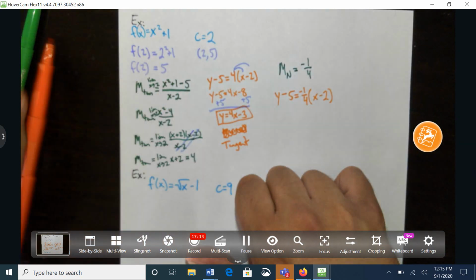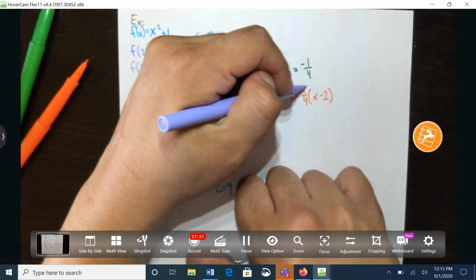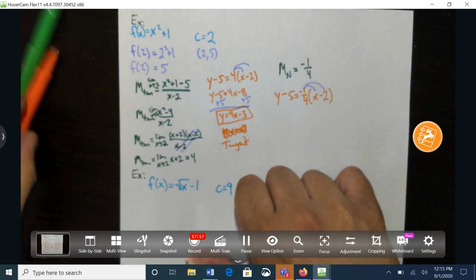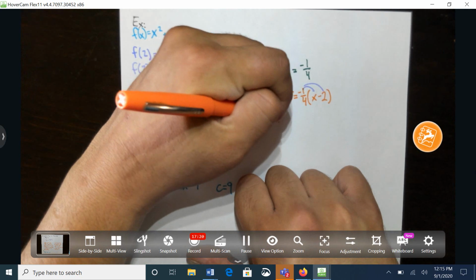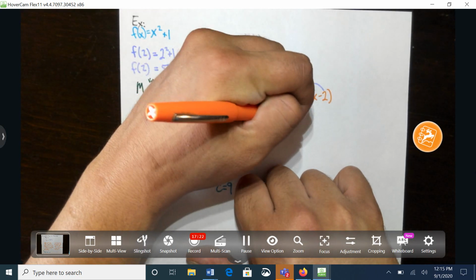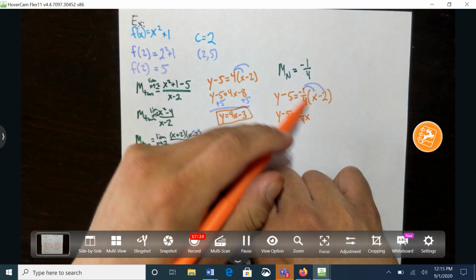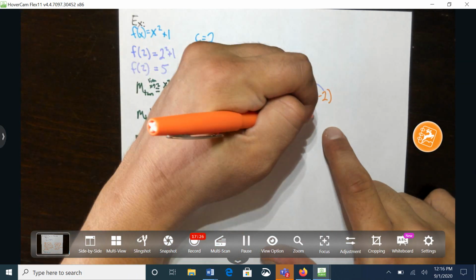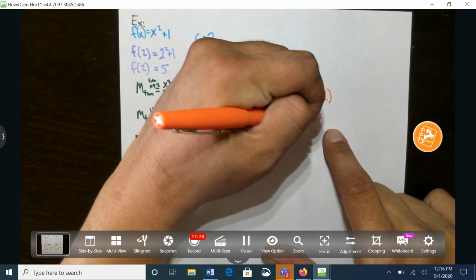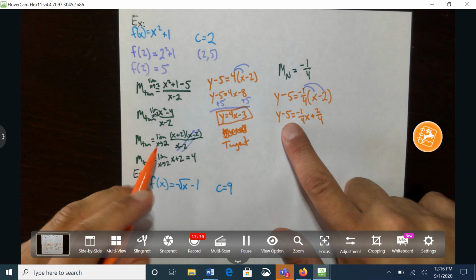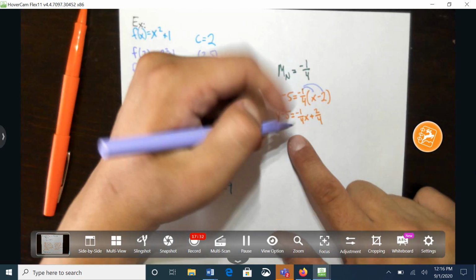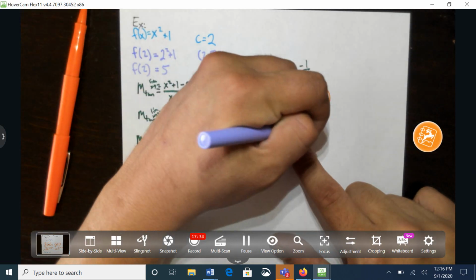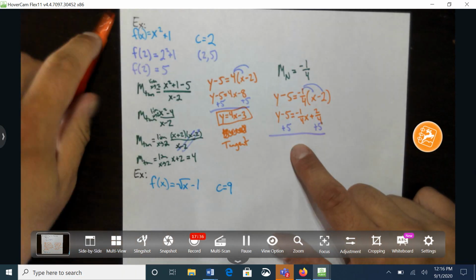And then again, we'll want to distribute that negative 1/4, we want to distribute our slope, so y minus 5 is equal to negative 1/4 x. Negative 1/4 times negative 2 is plus 2 over 4, just like last time. And then now we've got to move over this negative 5, so we're going to add 5 to both sides, but remember, we need common denominators.